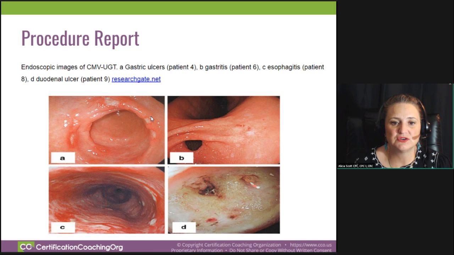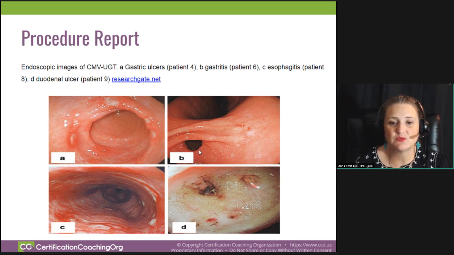So you've got little ulcers at the top where the esophagus drops down into the stomach, and they've blown air in here so that we could see a little bit better. And again, they look like little cold sores. And you know what a cold sore or a sore inside your mouth feels like? That's exactly what you would feel.